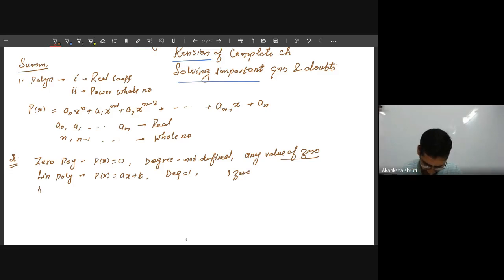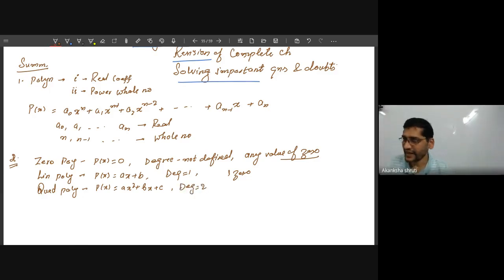Then there was the quadratic polynomial. In this quadratic polynomial we have learned the general form ax square plus bx plus c. The degree is 2 and it can have maximum 2 zeros. Okay.